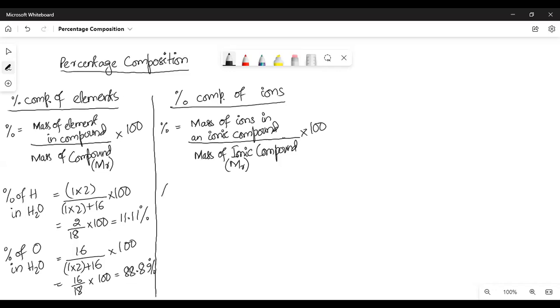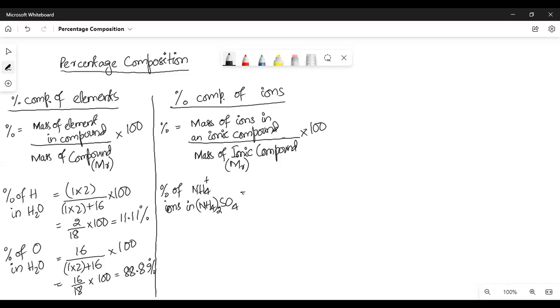For example, you can talk about percentage of NH4 positive ions in (NH4)2SO4, which is equal to what?